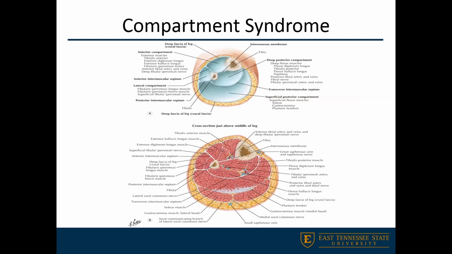Next, we'll discuss compartment syndrome. This is a great way to refresh yourself on the various compartments: the anterior compartment, the lateral compartment, the posterior compartment with its deep and superficial subdivisions. Also a great way to put things together for your cross-sectional anatomy.